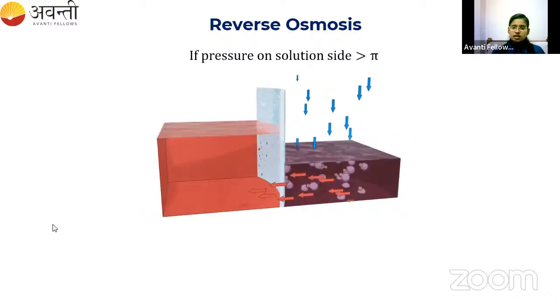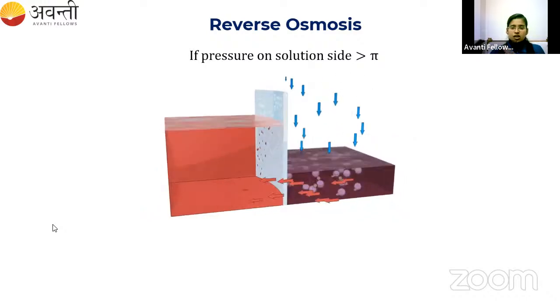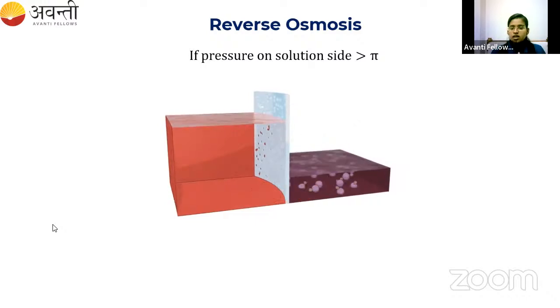So what is happening? The molecules on the solution side are moving to the solvent side through the semi-permeable membrane. In osmosis, solvent molecules traveled through the membrane to the solution side, but in reverse osmosis, the molecules from the solution side are moving to the solvent.